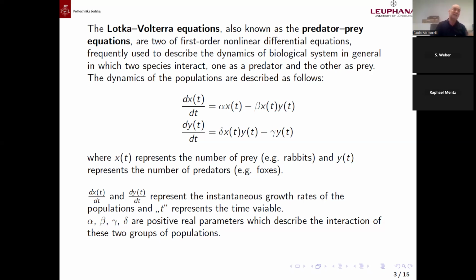they don't have interaction. What happens to the foxes? I don't know if you remember, we have seen many times the differential equation: the derivative of y with respect to time equals minus gamma multiplied by y, with gamma positive. We can see here all constants are positive, which means that the foxes will go extinct.